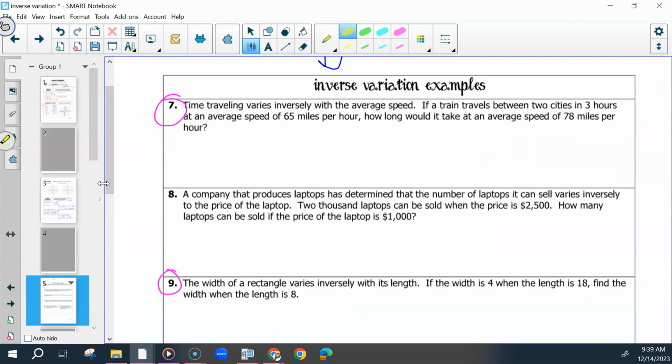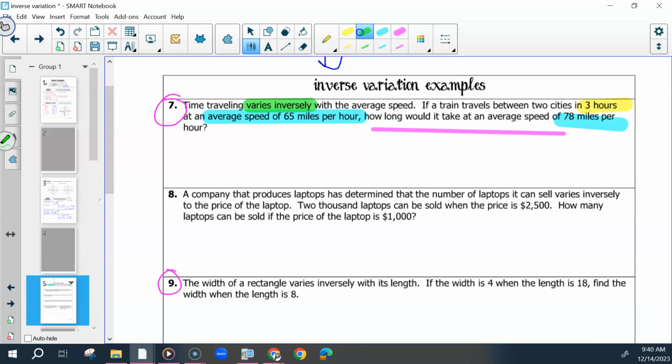What did we find is important there? The two cities part is not really important. The 3 hours, yes. Average speed is 60 miles per hour. That is important. And the 70. Okay. And the fact that it says varies inversely.